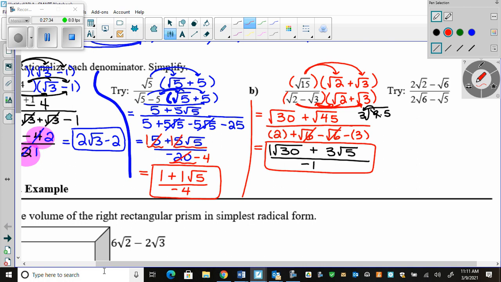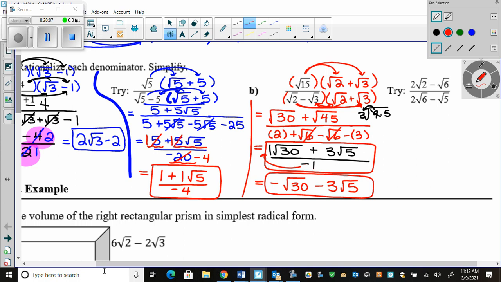So this negative 1 can go to this number and to that number by division. So instead of leaving the negative 1 on the bottom, they'll bring it up here and then distribute it through. So they're going to get negative root 30 minus 3 root 5. And then no denominator, because the denominator would just be positive 1. If you don't believe me, type that in, get a decimal. Type that in, get a decimal. They'll match. They are the same thing.